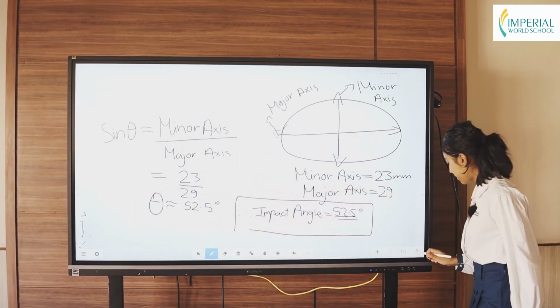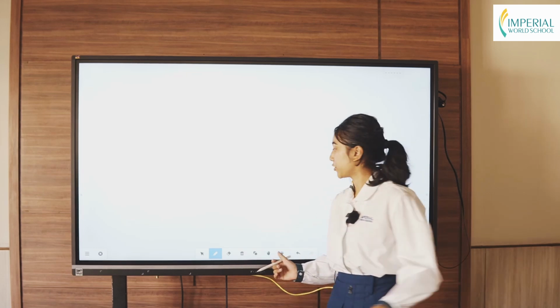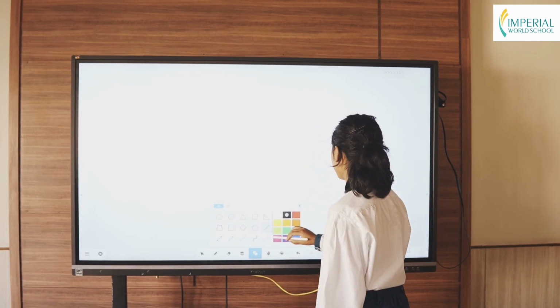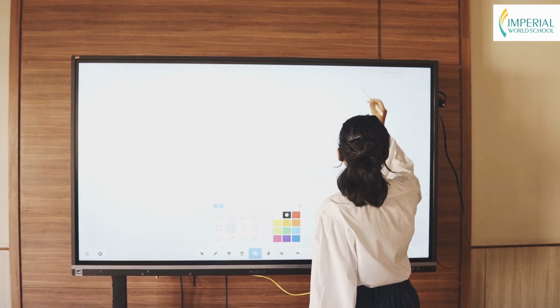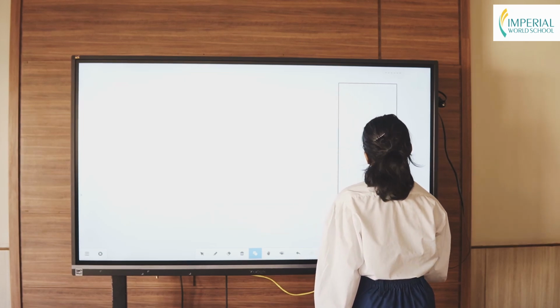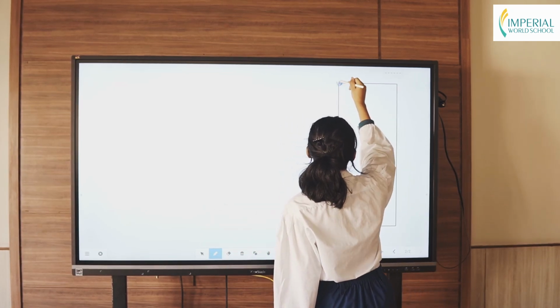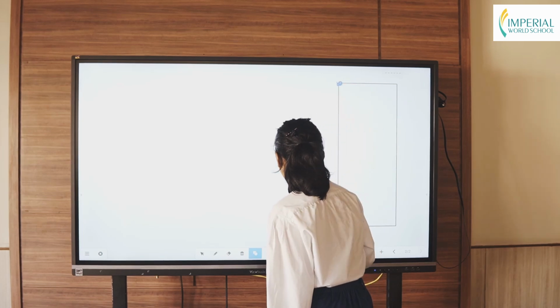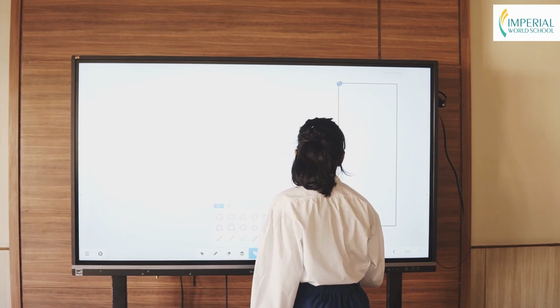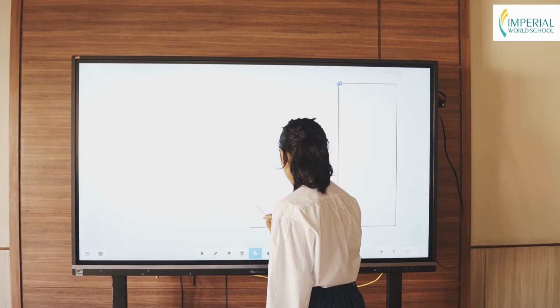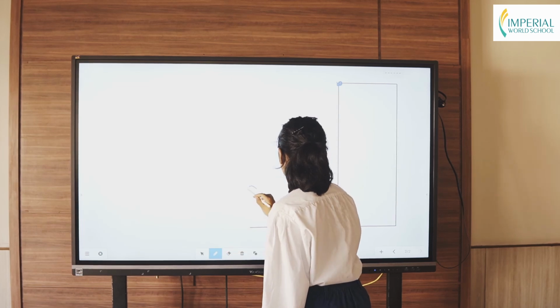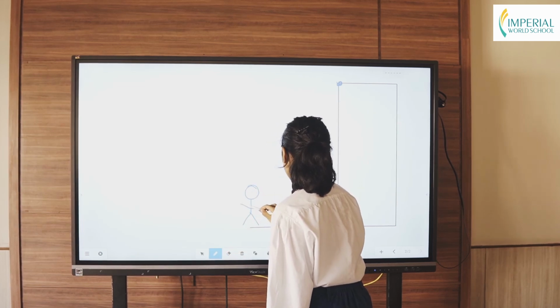Moving on. So girls, let's imagine a scenario. Okay, genius. So suppose this is our classroom wall, and this is the ink mark splashed on the wall. And then let's make the distance from the wall to the suspect. Suppose the suspect is standing right here.